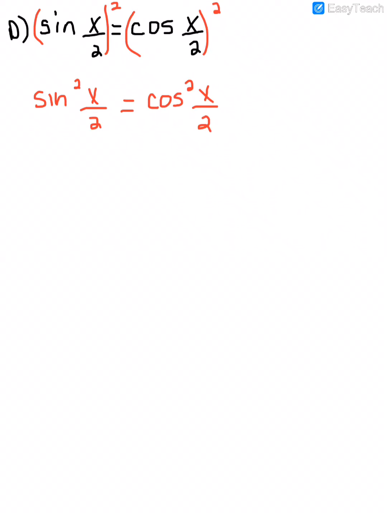Well, I can replace cosine squared of x over 2 with its equivalent based on the Pythagorean identity. The Pythagorean identity says cosine squared x over 2 is the same as 1 minus sine squared x over 2. So now I have the same trig functions on both sides of the equation.